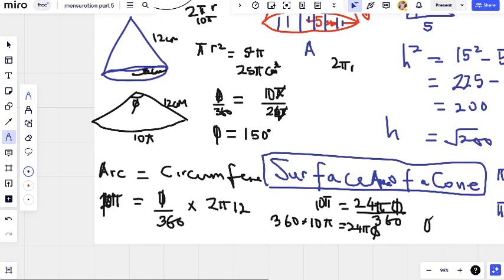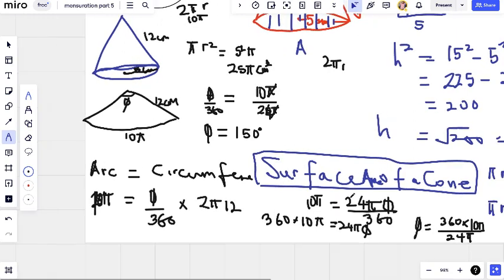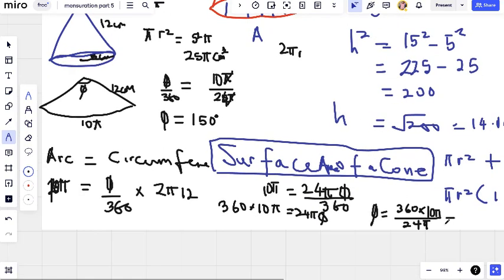The angle which we are looking for will be 360 times 10 pi all over 24 pi. So tell me what you got. You get 150. Yes, that's how I got this 150. I'm only showing you. So we get the angle, 150 degrees.